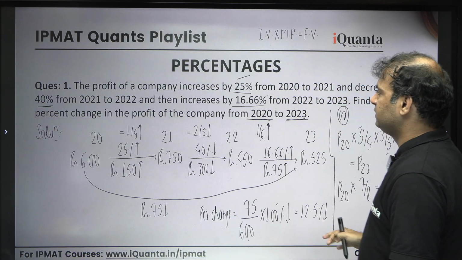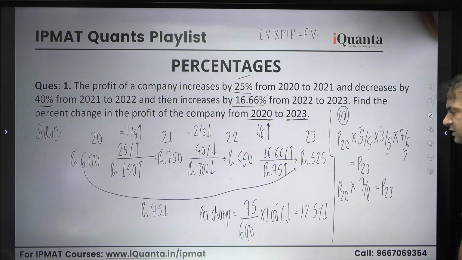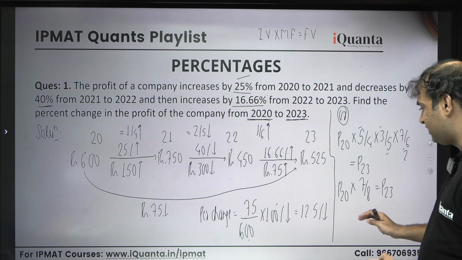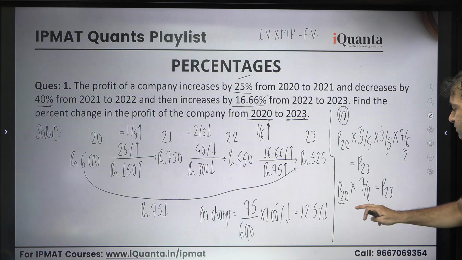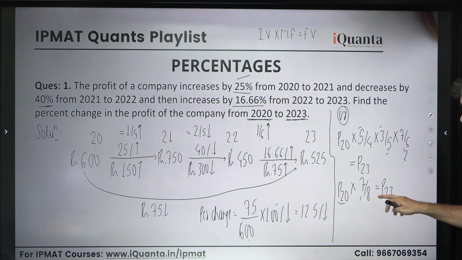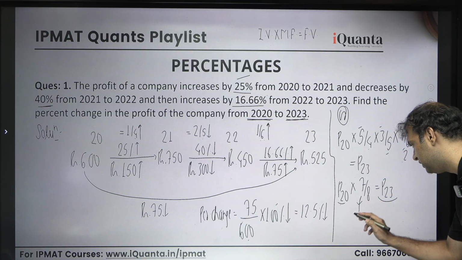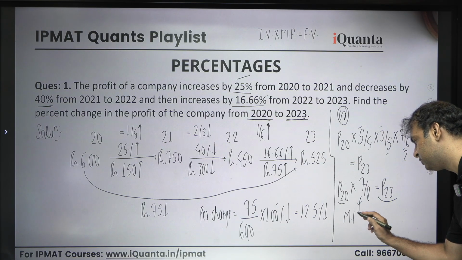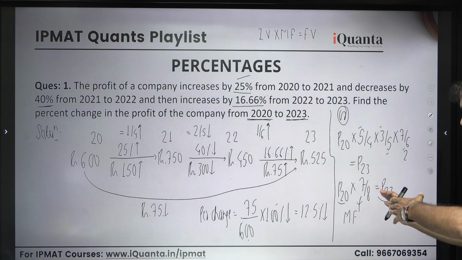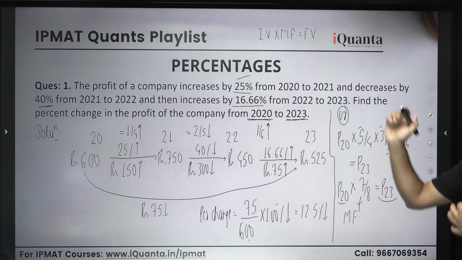In this case 2020 profit is initial value and 2023 profit is the final value. So luckily initial value is multiplied by 7 by 8 to get us the final value. That means this should be the multiplication factor in this particular percentage change.